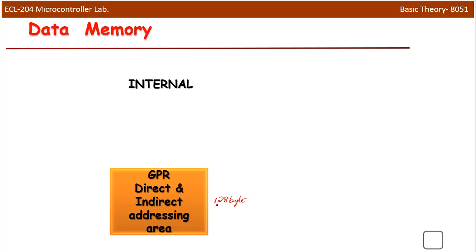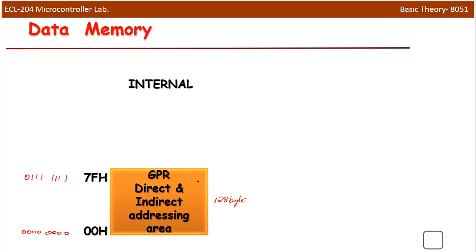In order to address these 128 bytes, we use 00 to 7F. If you write hexadecimal values 00 to 7F, you will get 128 different combinations. Or in binary, 00000000 up to 01111111, which is 7F.